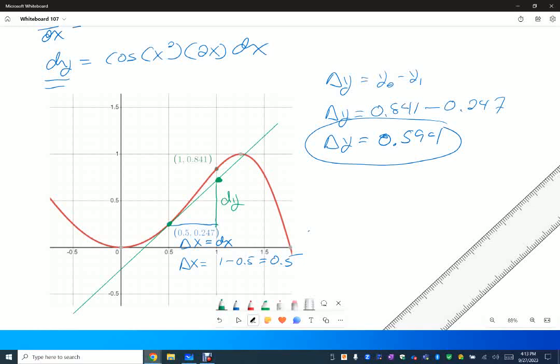So what we have is the cosine of x, and in this case, what we're really talking about is at this starting point here.